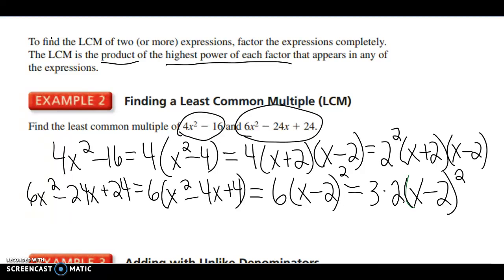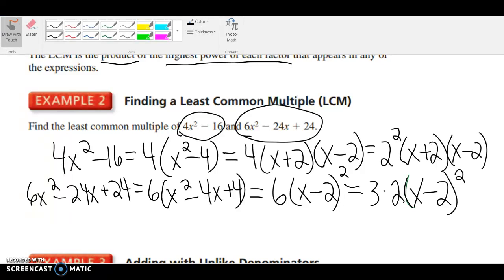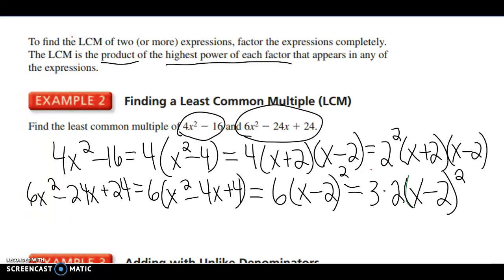So from here, I want to take the first factor. So I want to take all of these and then add in whatever I'm missing from here. So I have a 2, so I have to put the 3 in, and the x minus 2, I'll have to add this.